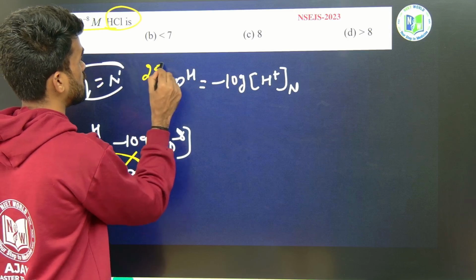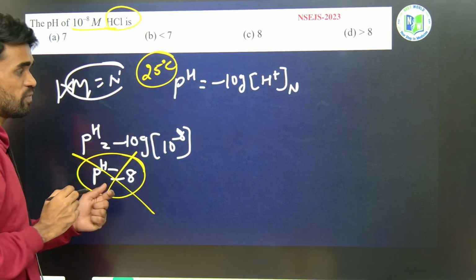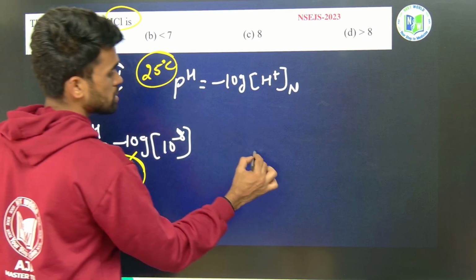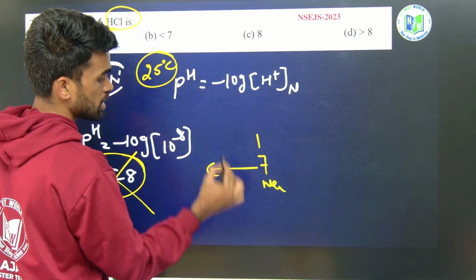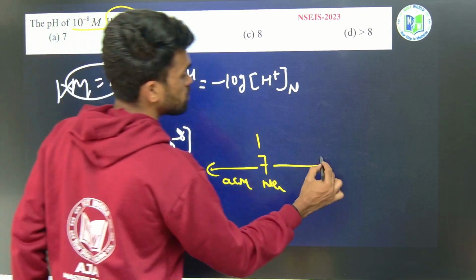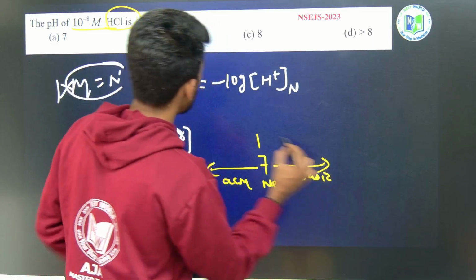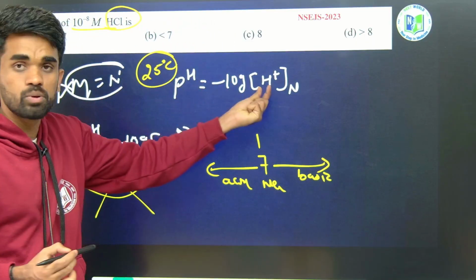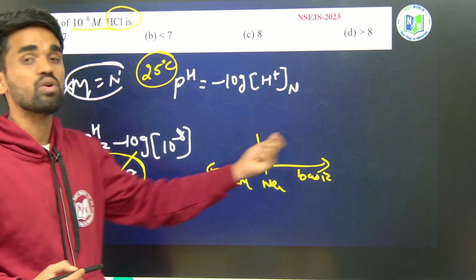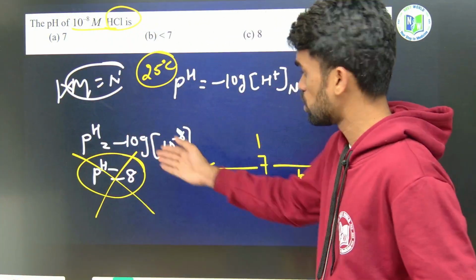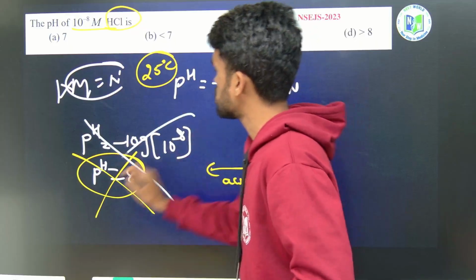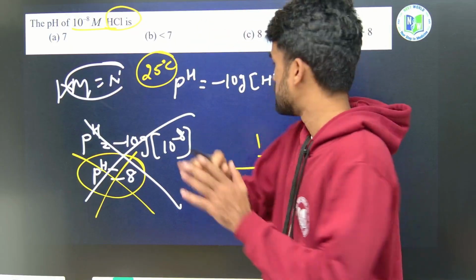At 25 degrees Celsius, pH 7 is neutral, below this is acidic, and above this is basic. So if you blindly put this value, you get 8, which falls in the basic region, which would mean HCl is basic. If you do like this, it means whatever concept you have learned is incorrect.